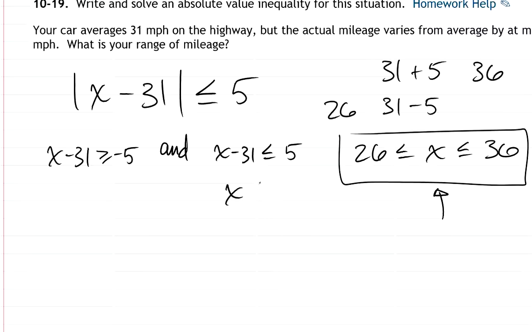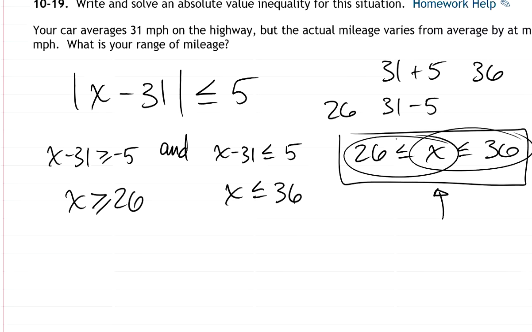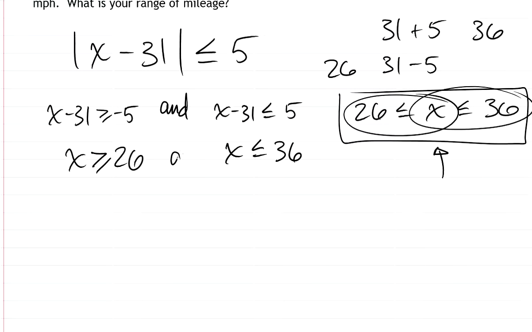If I add 31 to both sides, x has to be less than or equal to 36. That's interesting because that's part of what we had. The other one, if I add 31 to both sides, x has to be greater than or equal to 26. And that's exactly what we got, reading it the other direction. Because this is joined by "and," I can put them in this combined inequality.